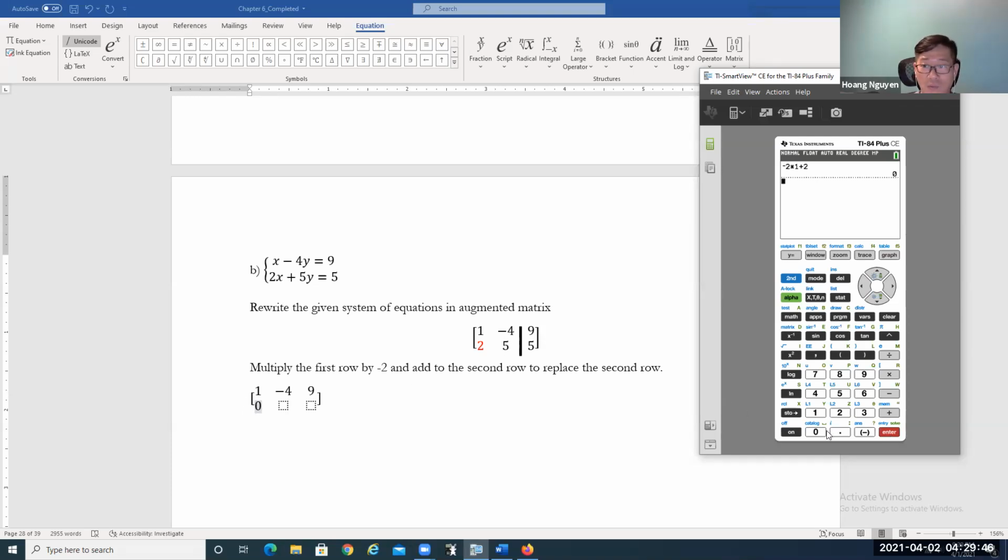Now, same thing, we're going to take -2 times this element in the first row, which is -4, plus the second row, which is +3.